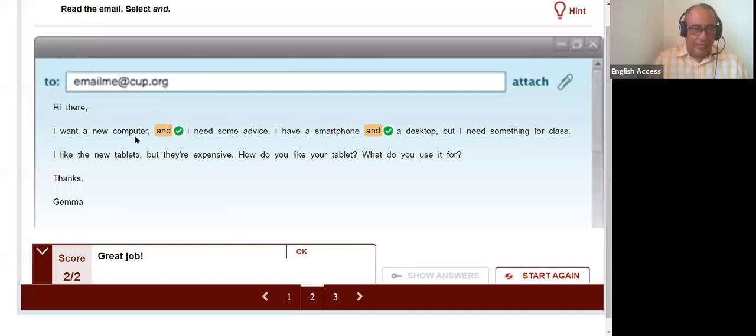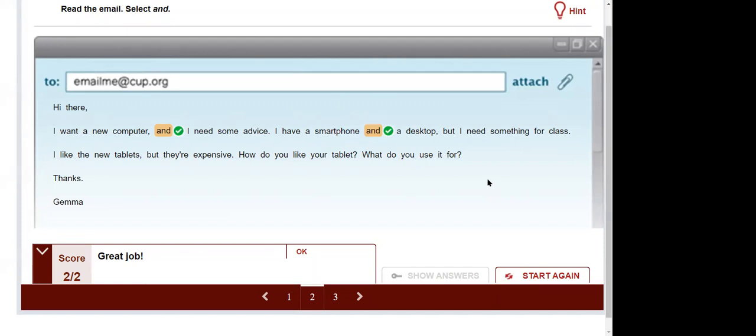Si te fijas aquí con dos verbos, want y need, en la segunda idea, we use a comma and the word and. Here we have the same verb, we know commas, but we use and. Okay, Francisco? Yes, teacher. Okay, thanks.